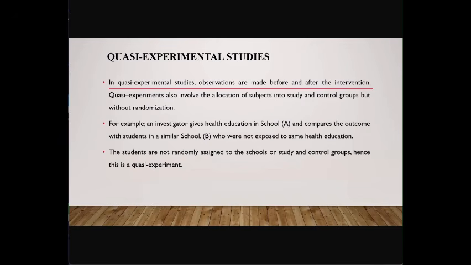We administer the same instrument in school A and school B, and observe the knowledge and the practice of the children at baseline, which means before the intervention. We compare what they know and what they practice.